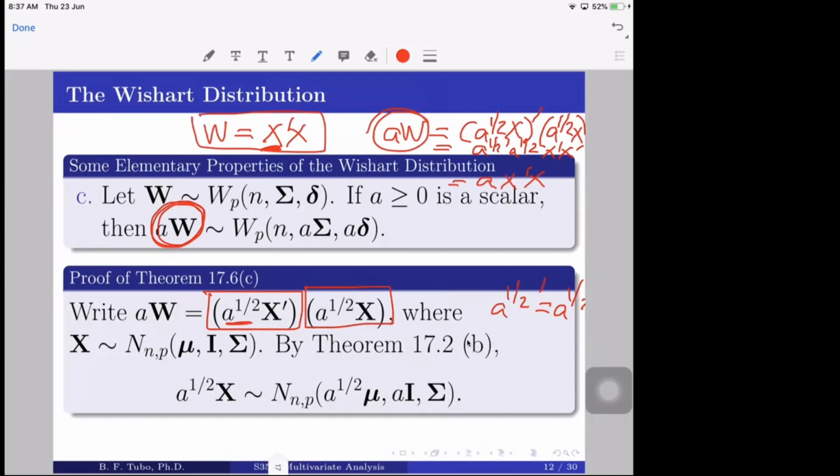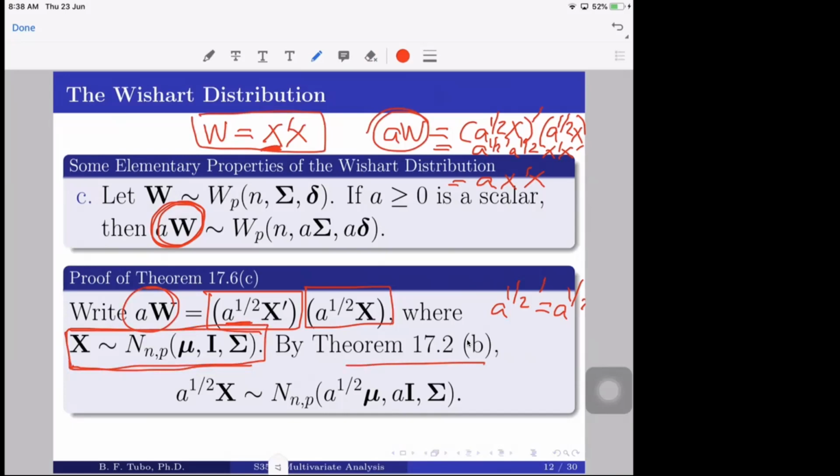To have your transformation. And then your x here is normally distributed. That is how we defined a Wishart distribution. And then by applying 17.2b, so the one that we use from a normal and then we pre-multiply by a scalar. Do you recall? 17.2.